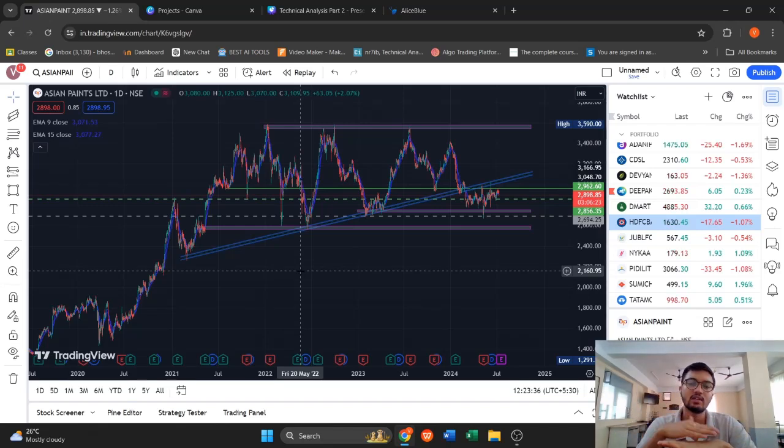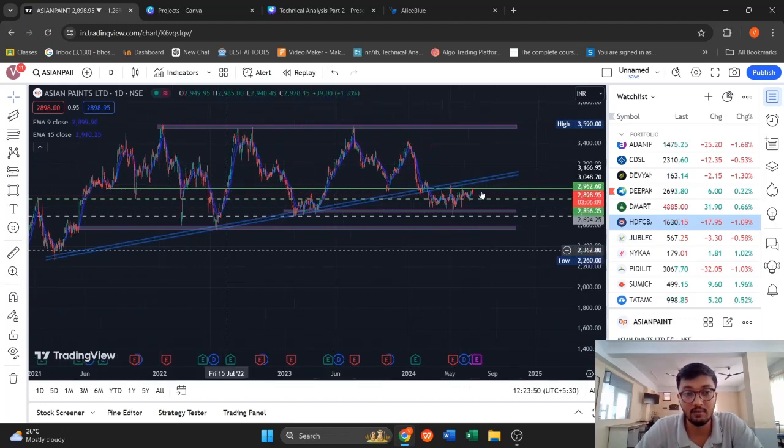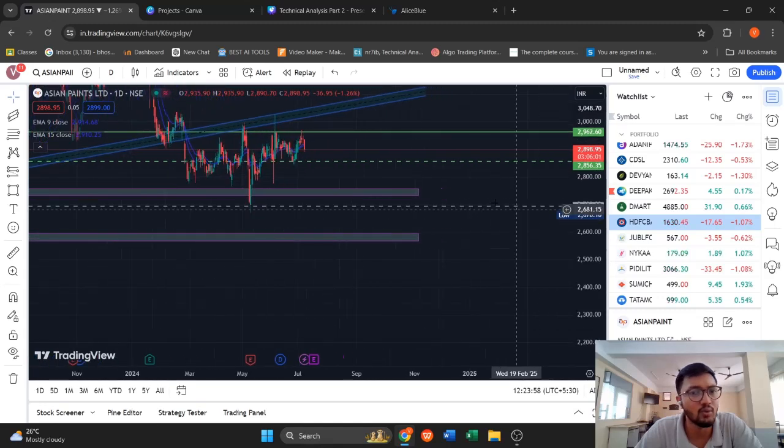It's just that the particular support and resistance should be strong enough. There should be enough price points touching that particular point. If you can see, there were like 3 or 4 points touching this particular line, and as soon as it breaks that support area, the stock went very low.